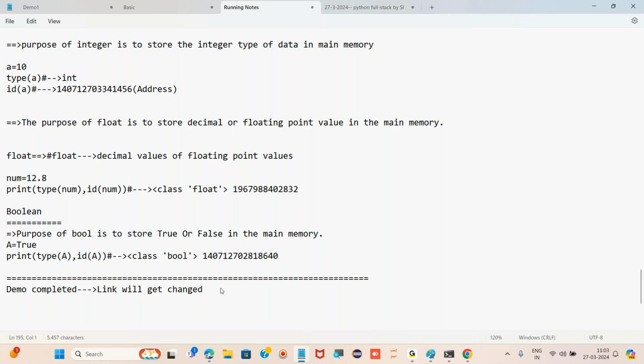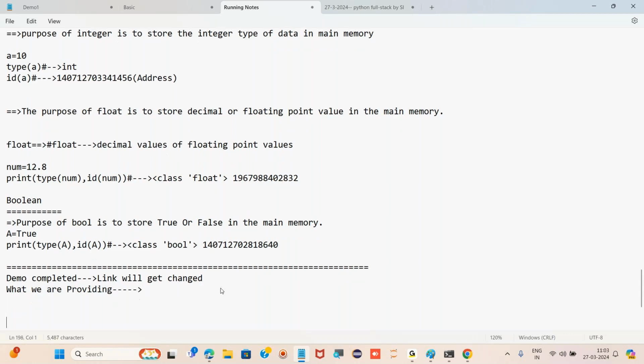What we are providing with this course, what are the things we are providing? Okay, let me tell you. First is you are going to get the certificate.